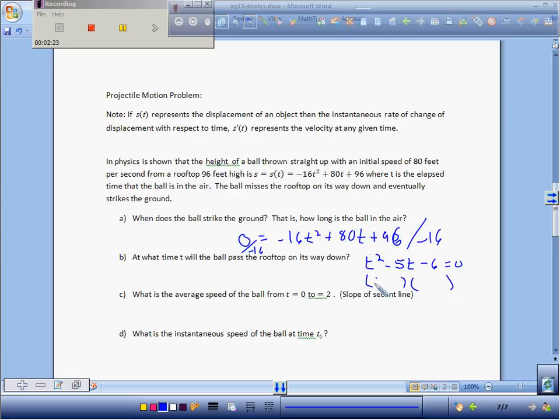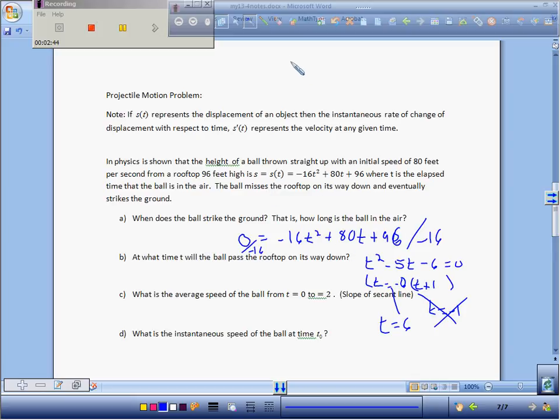You get t minus 6 times t plus 1 equals 0, which means it hits the ground at t equals 6, because t equals negative 1 you throw away, since you're not talking about negative seconds.